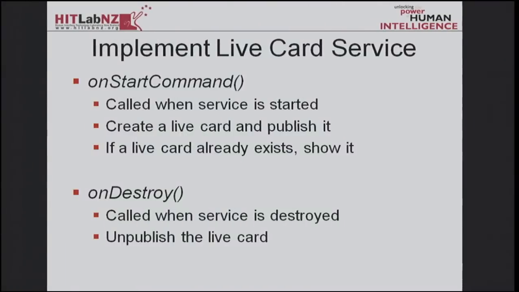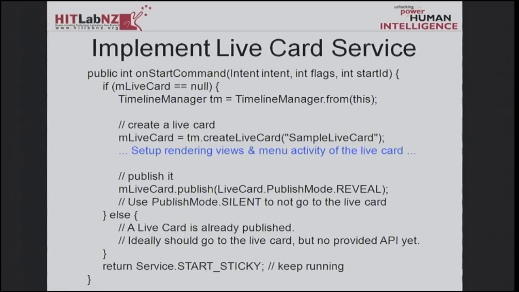And if you go back, to recap, what we had to do is create a live card and publish it. If a live card already exists, we show it. Here's the code that we have to do. I'll briefly go through how it should work in this onStartCommand method. You'd better have a member variable that keeps your live card so you can access it later, and check if that live card has been created already.